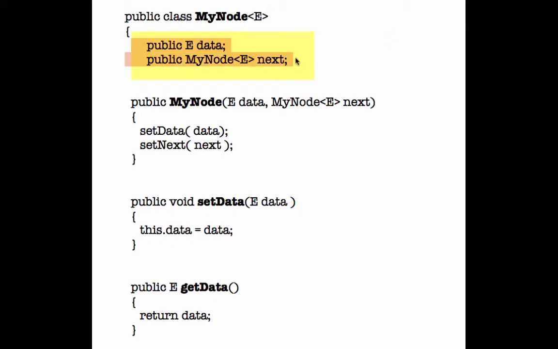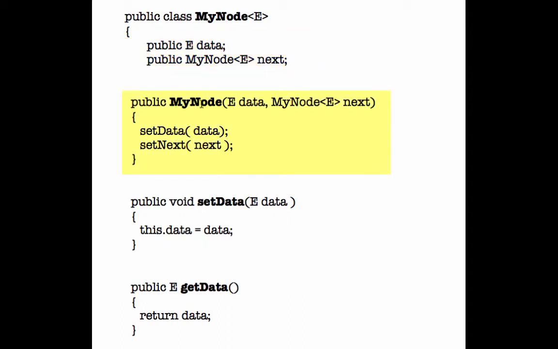One is called data, the object that is going to be inside each node, a placeholder for the different types. The other field is next, which is a reference to the next node in my list.